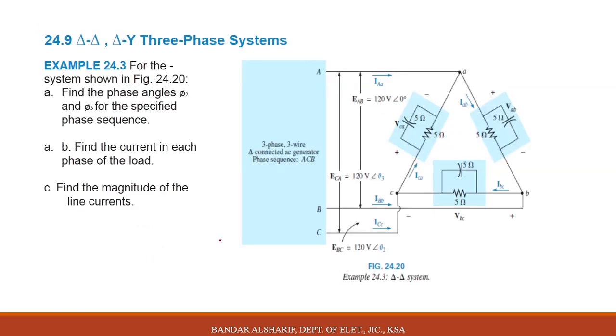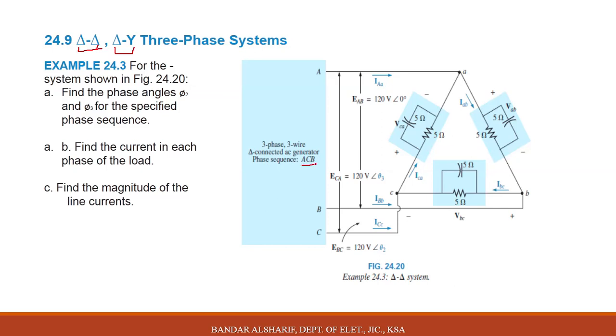Okay, we'll go to the next section, which is delta connection. We mean the source, the generator, is delta and the load is delta. Here, in a delta-Y system, the source will be delta and the load will be Y connection. For example 24.3, for the system shown in figure 24.2, find the phase angles theta 2 and theta 3 for the specified phase sequence.